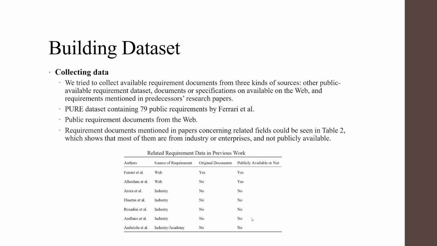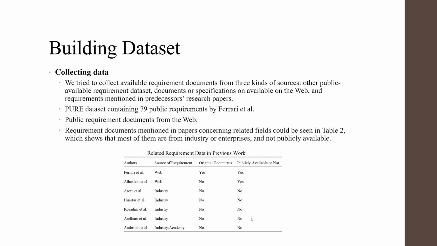For the first and second sources, on the basis of the PURE dataset, which contains 79 public requirements, we retrieved public requirement documents from the web with keywords like requirement documents, requirement specification, system specification, etc. We searched for links pointed to various file types, most of which are portable document formats.